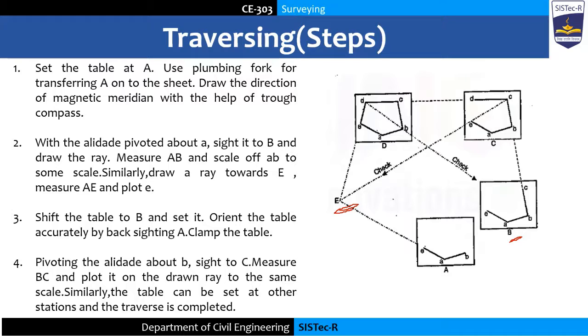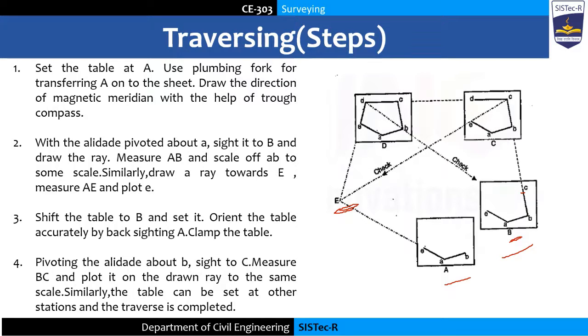Similarly, the table can be shifted to each station until the traverse is completed. So I am shifting the table from one point to another and just sighting the next point. When I was at A, I sighted both E and B. Then I shifted the table to B and oriented it, either by using a rough compass or by backsighting.